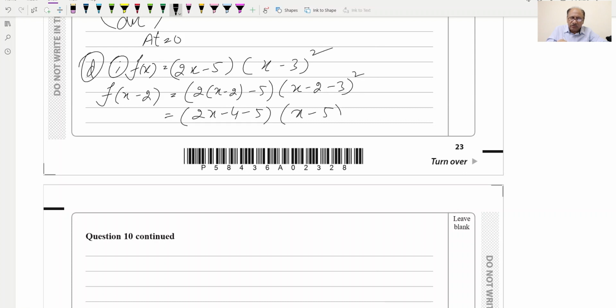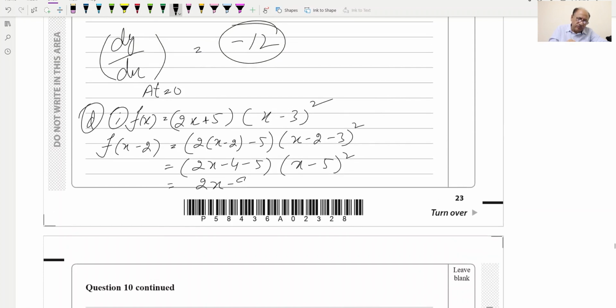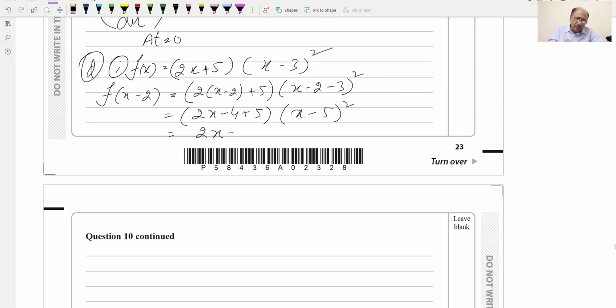Now we can rewrite it as basically 2x minus 9. Actually this is 2x plus 5, not minus 5, so this will be plus 1: 2x plus 1, and this will be (x minus 5) squared.